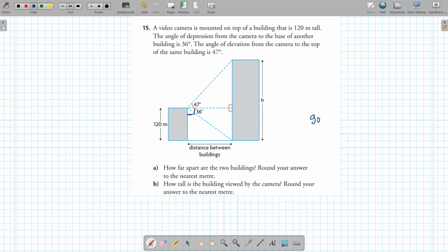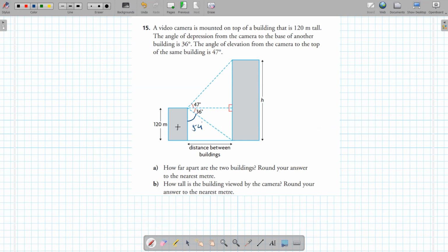Because this has to be a right angle triangle, right? This bit is a right angle because it's one side of a, whatever this is, rectangle. So this is a right angle. They're all right angles. So to find this angle in the middle, you just do 90 minus 36. And look at this, you do 90 minus 30, 60 minus 6, that's going to be 54.